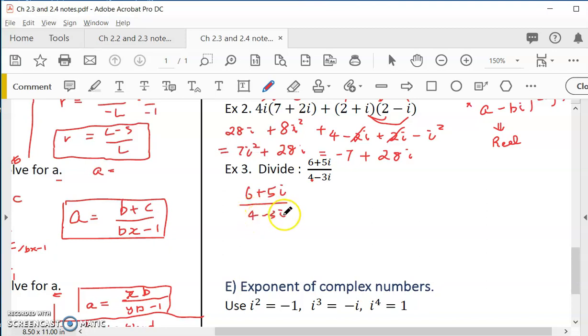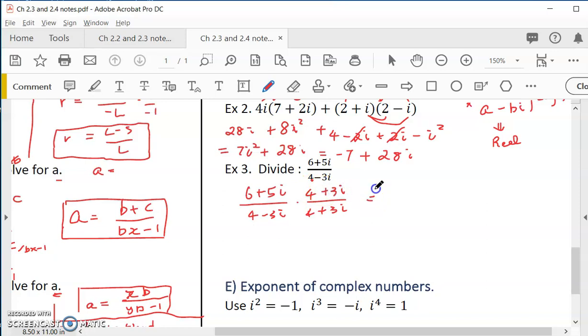So I want to get rid of i in the denominator, so I'll multiply by the complex conjugate of the denominator. The complex conjugate of 4 minus 3i is keep the real part, but the imaginary part you change sign. If you begin with minus 3i, you do plus 3i. So do 4 plus 3i.